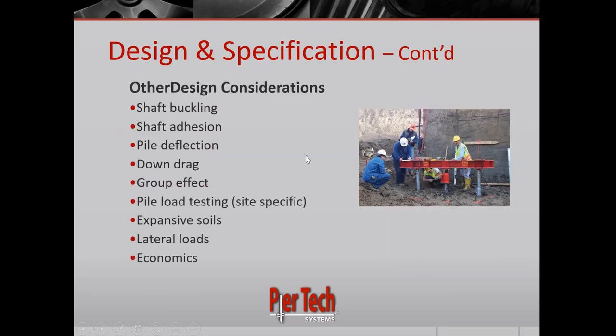There are other design considerations that go into designing a helical pile system. These normally play a very small role and are seen very infrequently on projects, but have to be considered. The first one, shaft buckling. Shaft buckling can occur when a pile is in air or in a fluid soil.